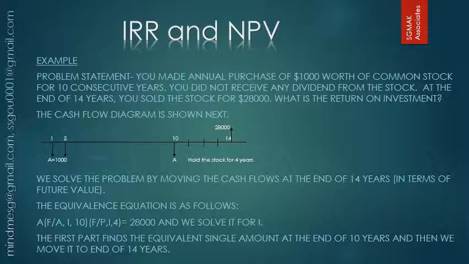First part, like I explained, find the equivalent single amount at the end of 10 years, and then you move it to the end of 14 years. That's why you have two factors. F over A, i, 10, moving your purchases to the end of 10 years. You get a single sum, and then you're moving it by another 4 years to come to the end of year 14.